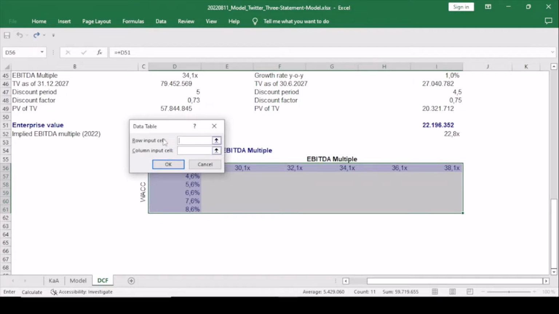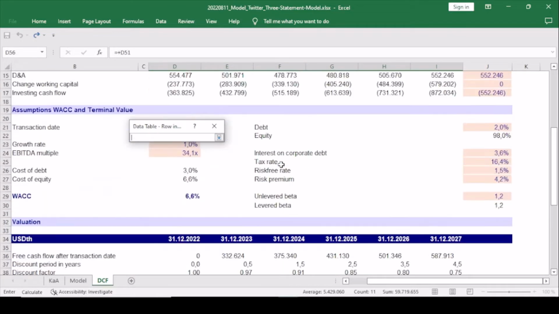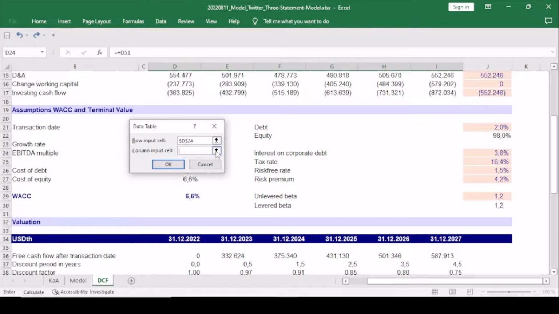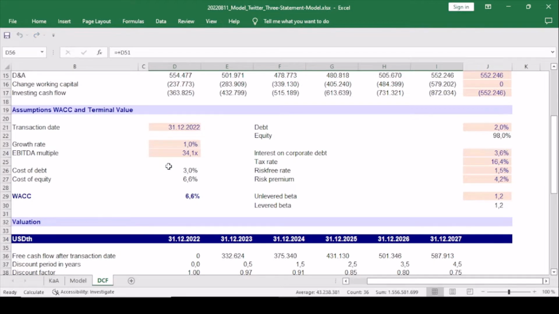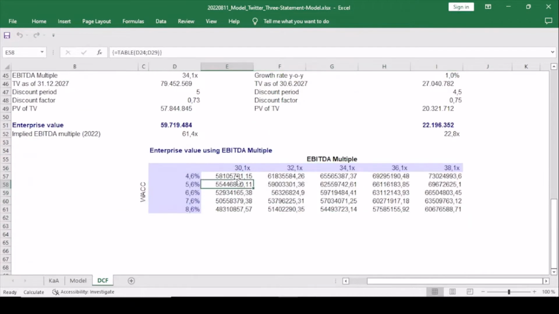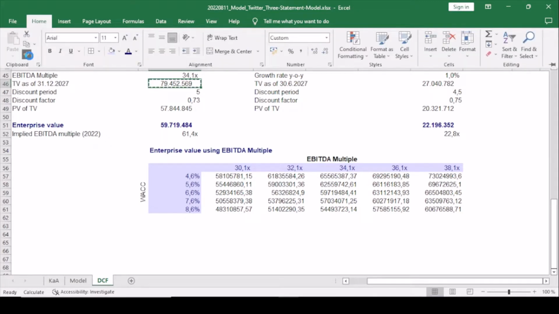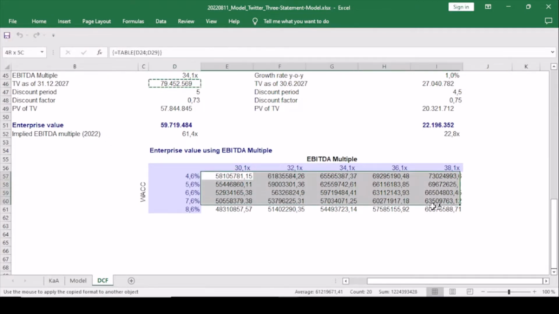So row input is the multiple we would like to change, and column is WACC. Finally we have our sensitivities.